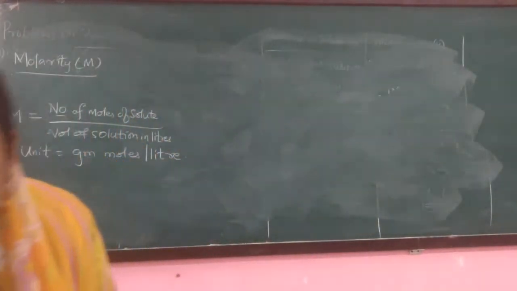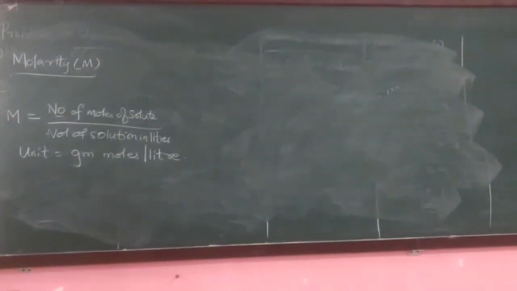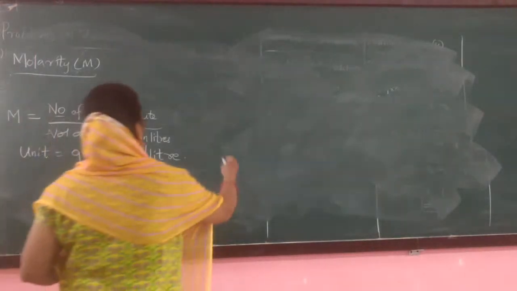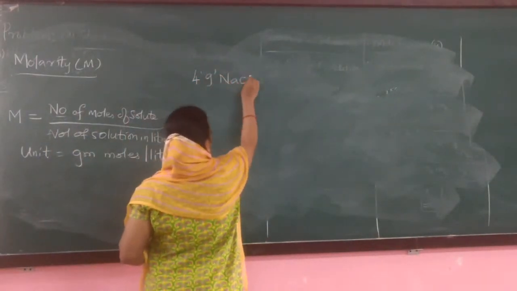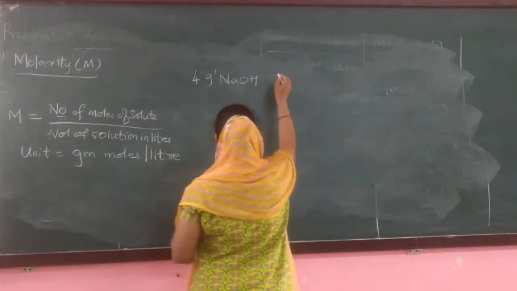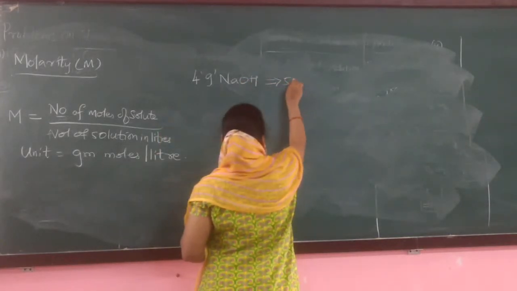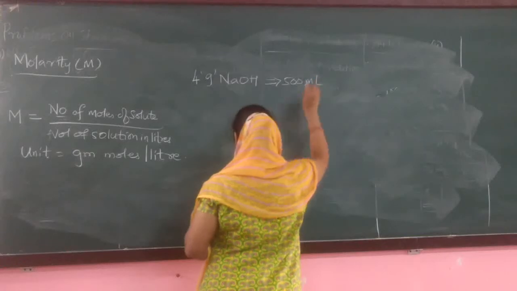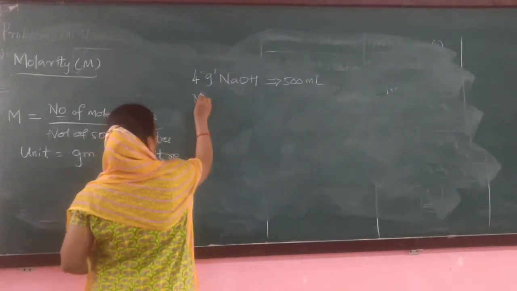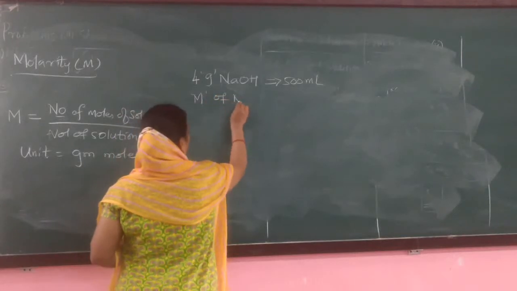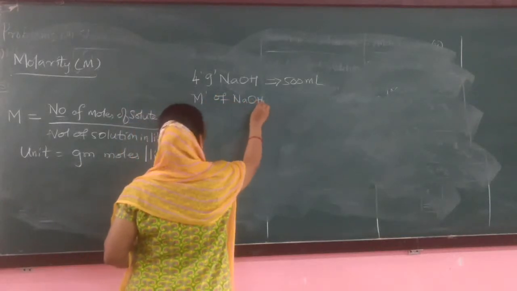A solution is prepared by dissolving 4 grams of sodium hydroxide in enough water to make 500 ml of the solution. Find the molarity of sodium hydroxide, NaOH.